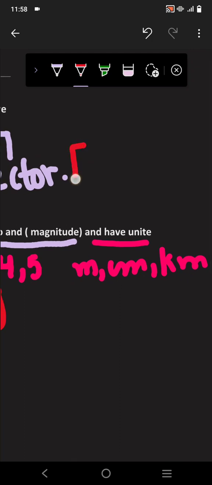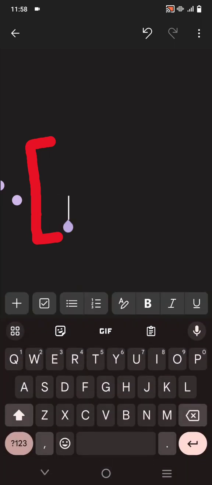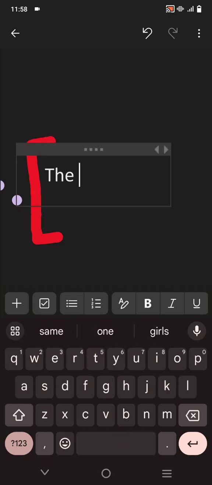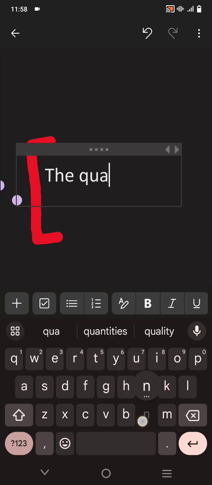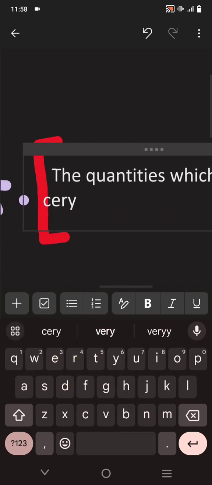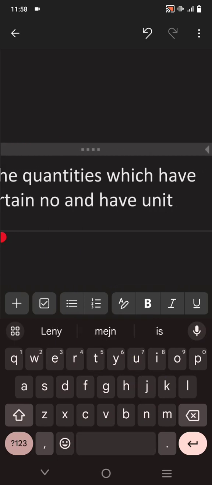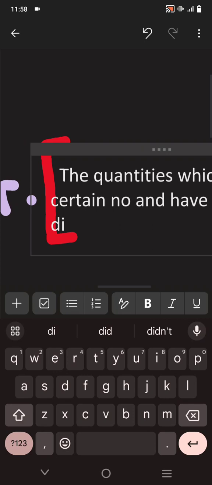Now if we look at the examples of vector quantities, what are those? What are vector quantities? The quantities which have a certain number and have a unit and direction.